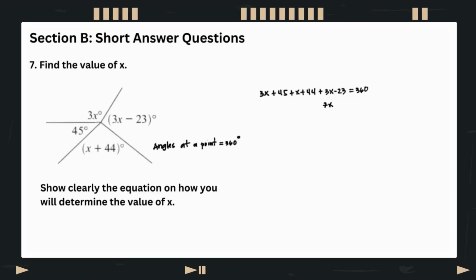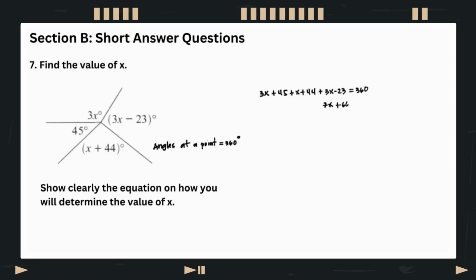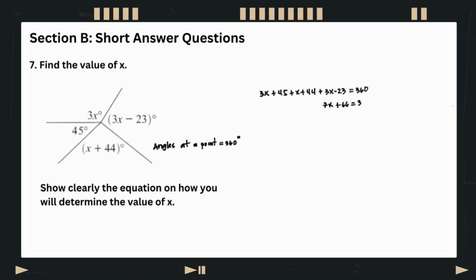Now 45 plus 44 minus 23 is equal to 66. So plus 66 is equal to 360. Moving 66 to the other side of the equation, we get 7x is equal to 360 minus 66. So 360 minus 66 is equal to 294.